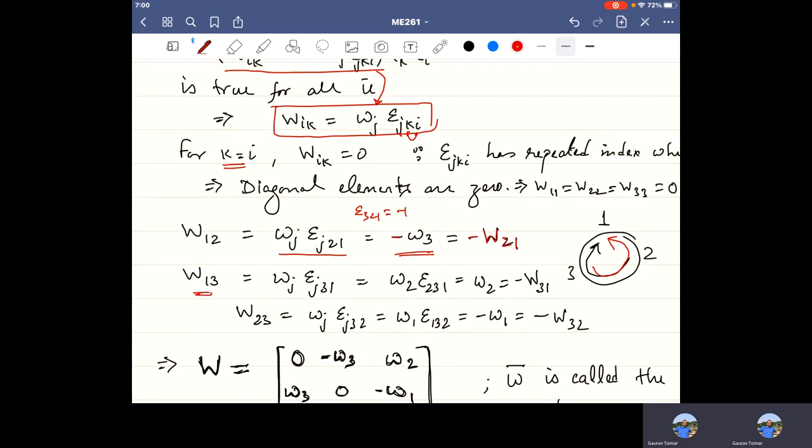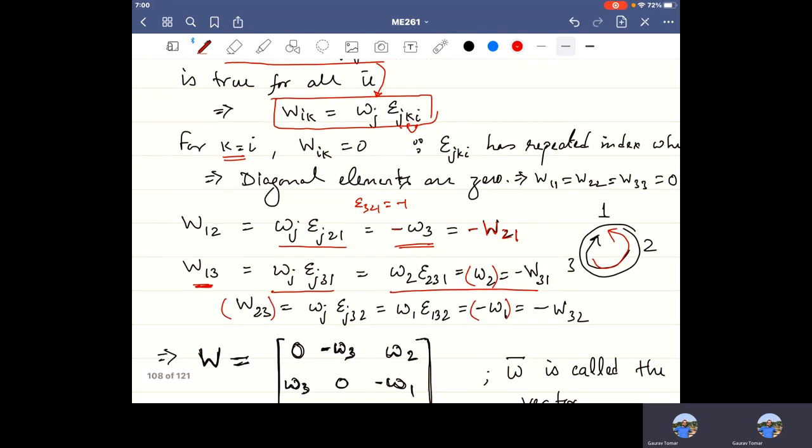Similarly, W13 can be written as W_jA31, and you will get this W13 component as W2, and W23 component will reduce to minus W1, using the same property.